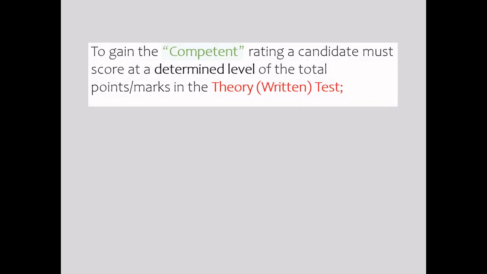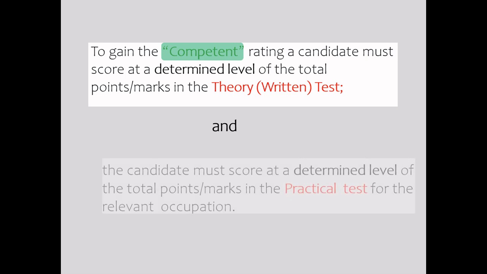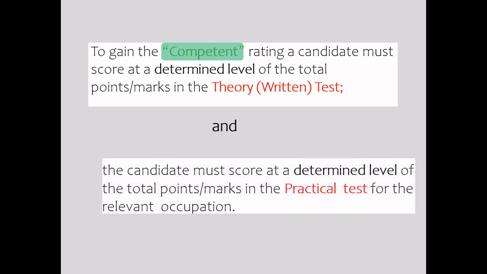So let's continue. To gain the competent rating, a candidate must score at a determined level of the total points marks in the theory or written test, and the candidate must score at a determined level of the total points in the practical test for the relevant occupation.